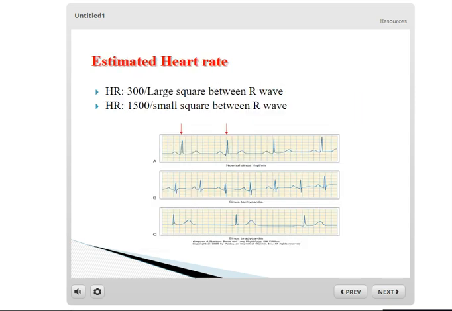For estimating heart rate using large squares, the heart rate equals 300 divided by the number of large squares between R waves. This method is based on the fact that there are 300 large squares in 1 minute.